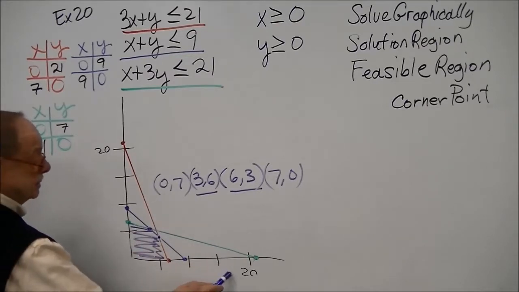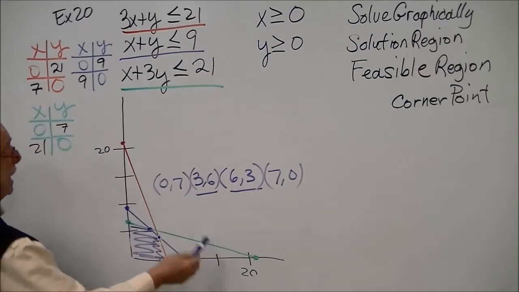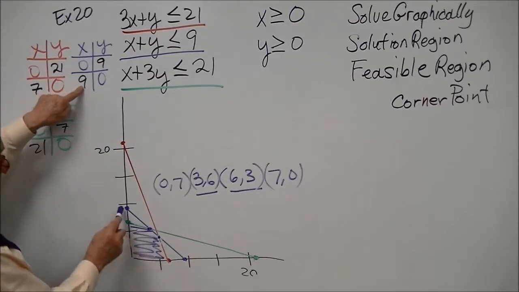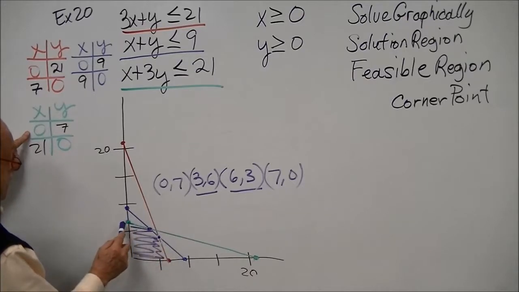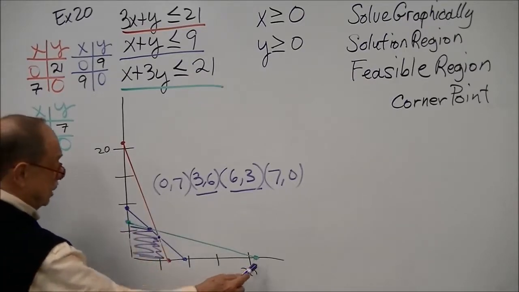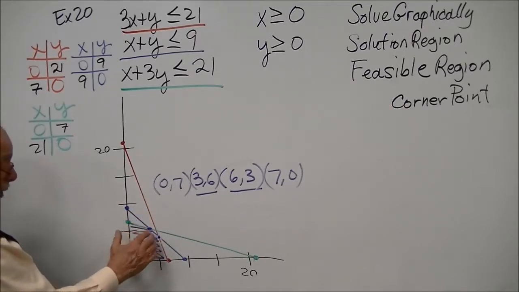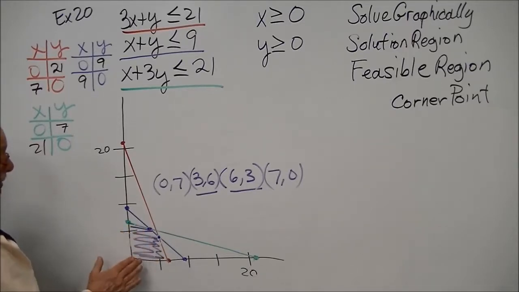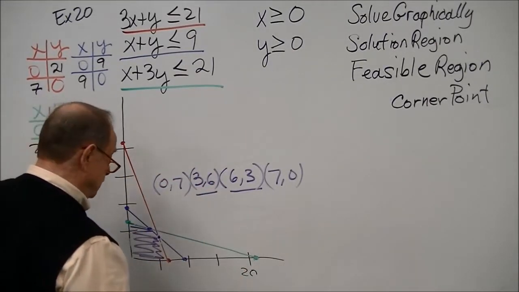I'm going to use it in intervals of 5, and there's my 21 there, there's my 7, 0, 7 here, and my 21 there. So again, I'm looking for the intersection of these, so it'd be below the blue line, below the red, below the green, and that's my solution region or feasible region.